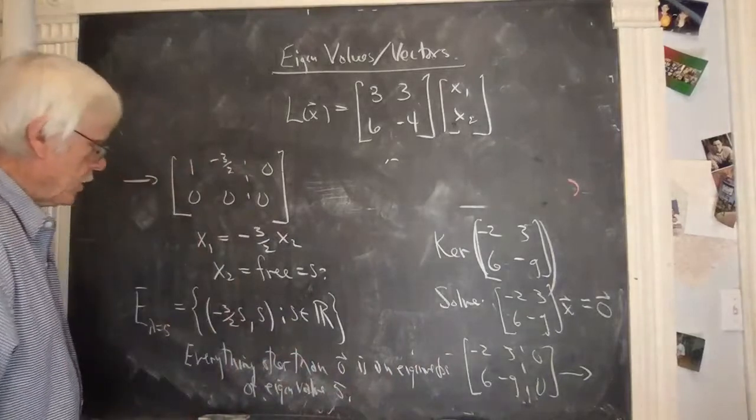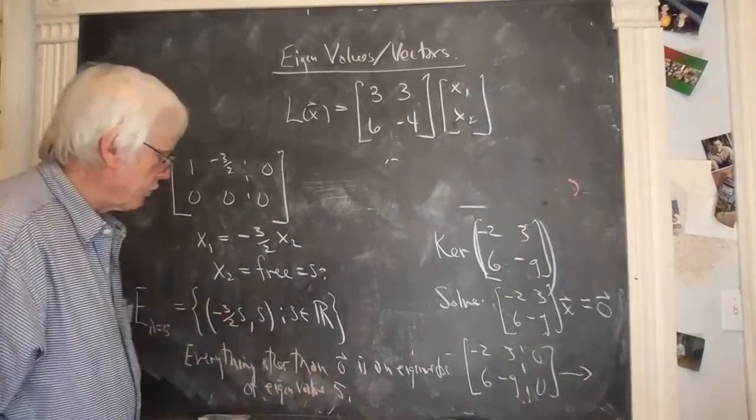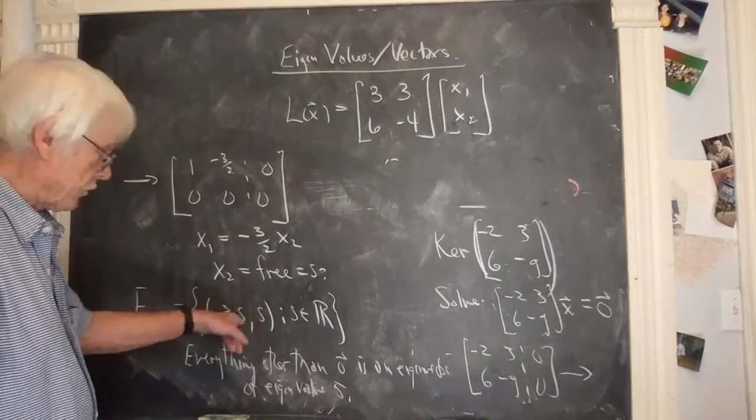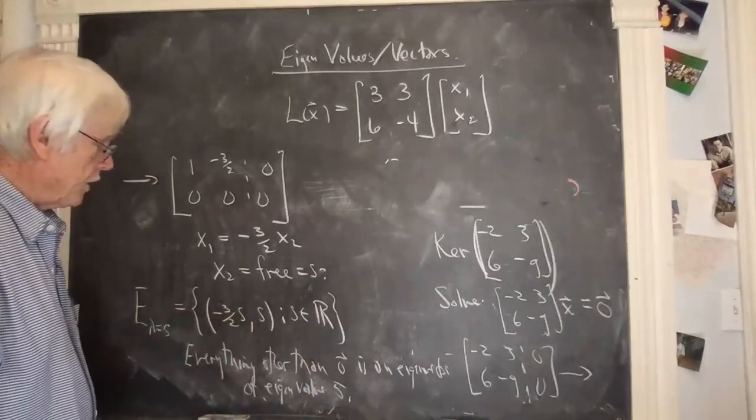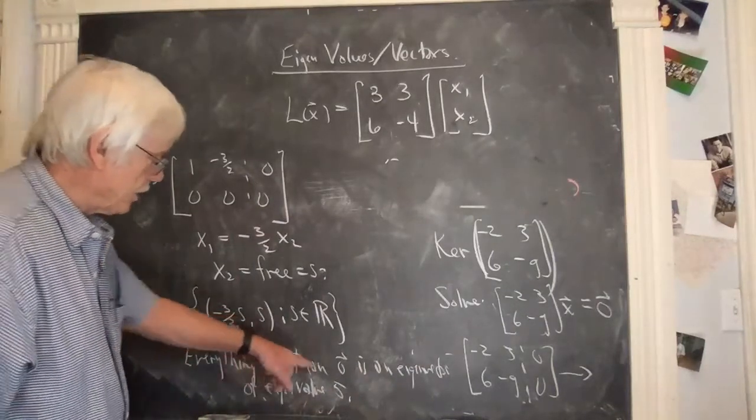All right, so these come in pairs. 5 has a bunch of eigenvectors. What are they? They're this. These are all of them. The only one that's in here that isn't an eigenvector is 0.